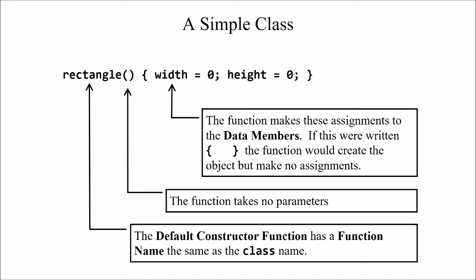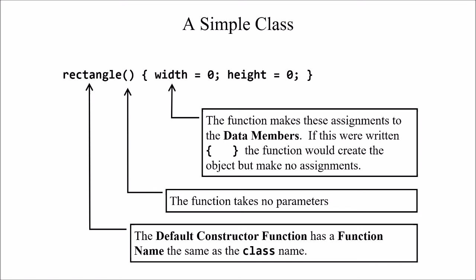Now, in this case, when this function call is executed, a member of the class rectangle is created, and then the data member width is assigned a value of 0, and the data member height is assigned a value of 0.